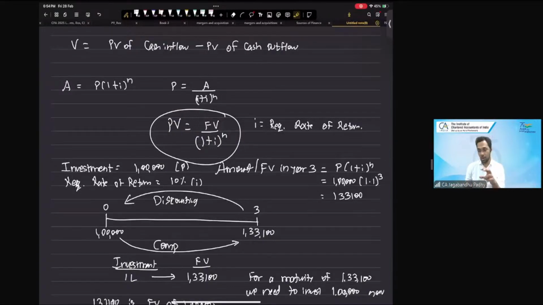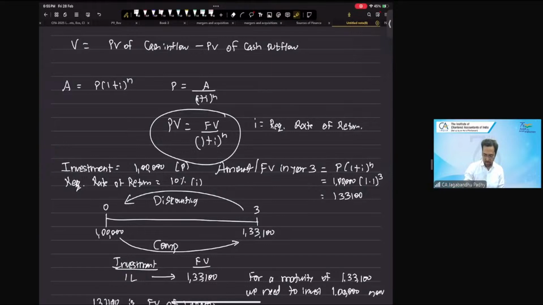Now, if you look at any company or business which has got a high risk, would you expect a normal return from that company or a high return? High risk business, of course, we will require a high rate of return.